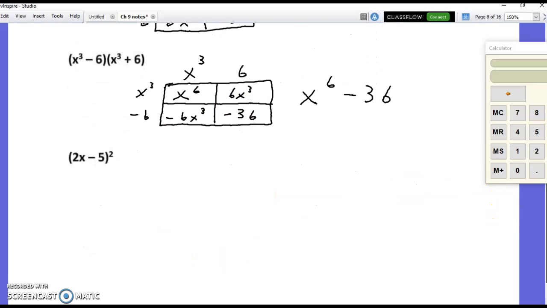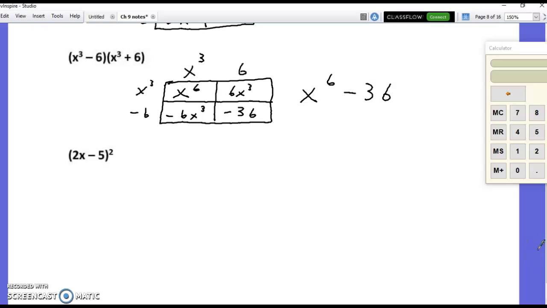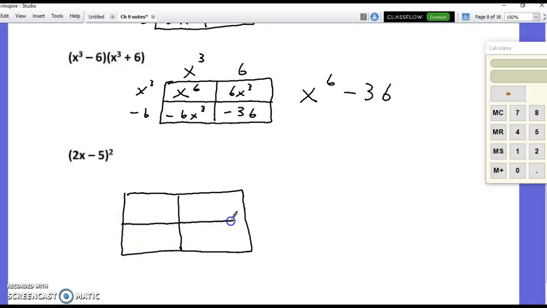All right, go ahead and pause the video and set up 2x minus 5 squared. So I'm going to set up my box because it's a binomial. Now instead of going through the process of writing it out twice, I'm just going to write it out twice on here. So 2x and negative 5, 2x and negative 5, because it's squared, we write it twice.